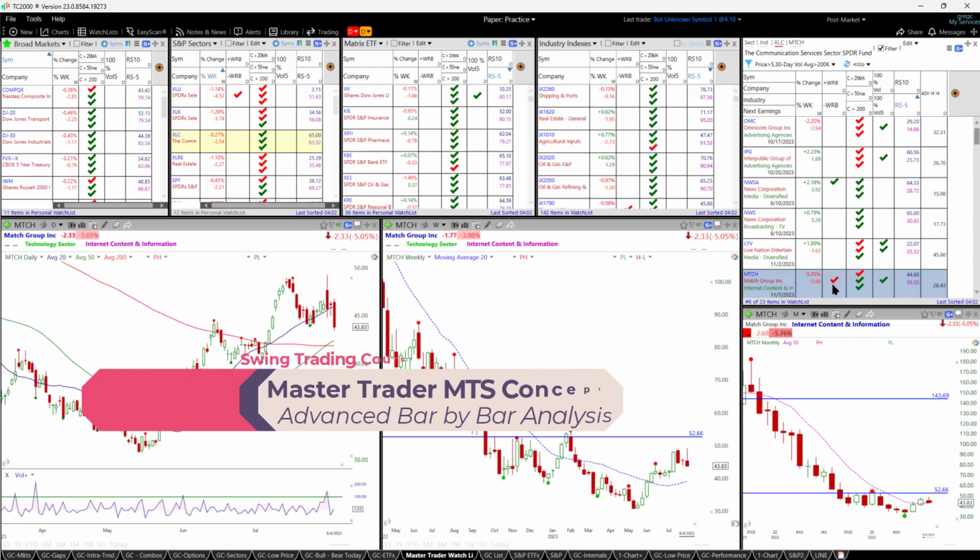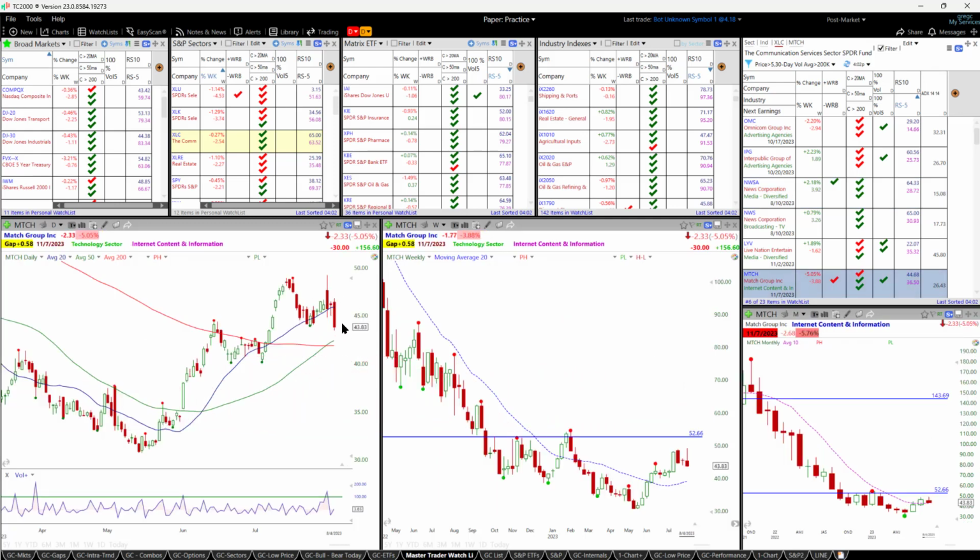Here's one that broke down. That's pretty negative, but it's still overall in an uptrend, but looks like it's going to go lower. Here's how we can use software to create an initial watch list, and now how we can use software to narrow in on specific patterns that we want to look for, finding opportunities.